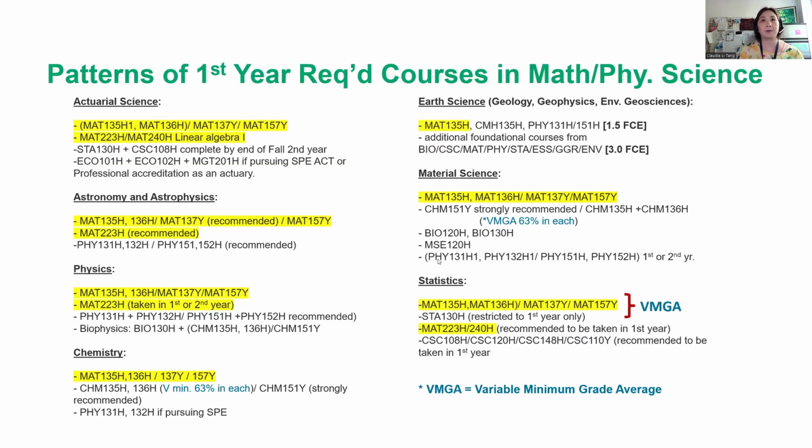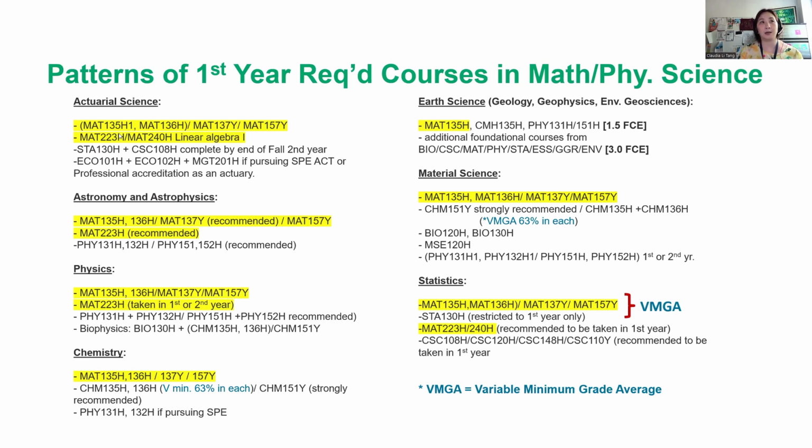These programs typically have their own first year requirement courses, such as chemistry or physics, sometimes with statistics thrown in, and Math 223 is also a common one that's even recommended in first year. But the common thread is that you have to take a math course.